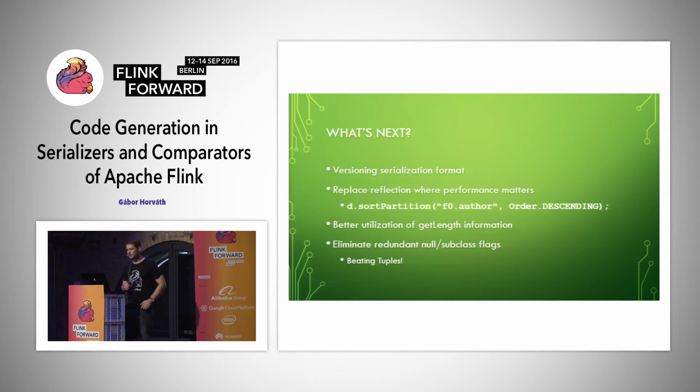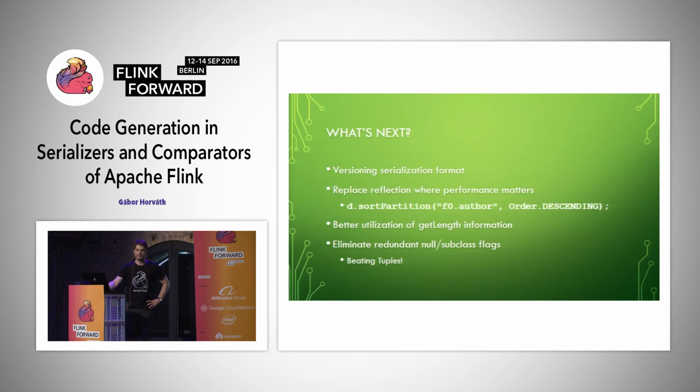So in the long run, improving this information might give us additional performance benefits. And we can eliminate redundant null and subclass flags only once the serialization format is versioned.